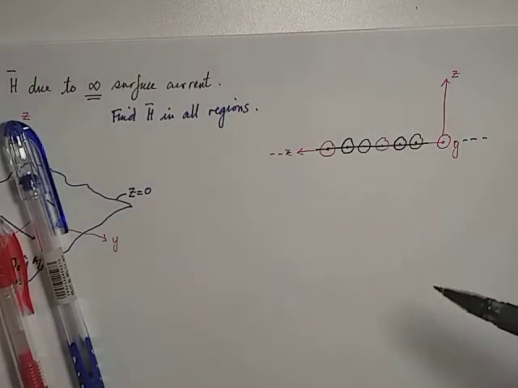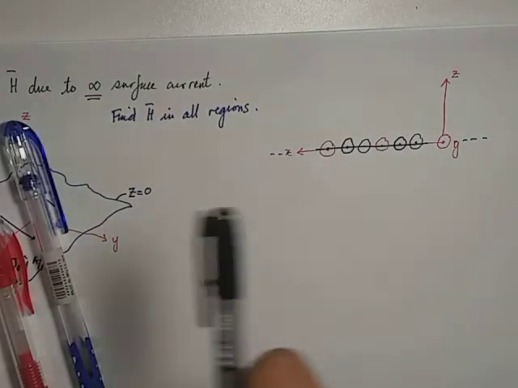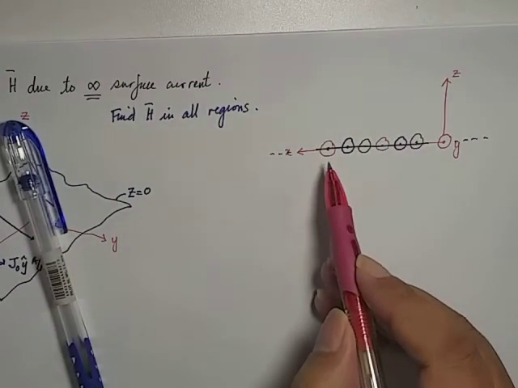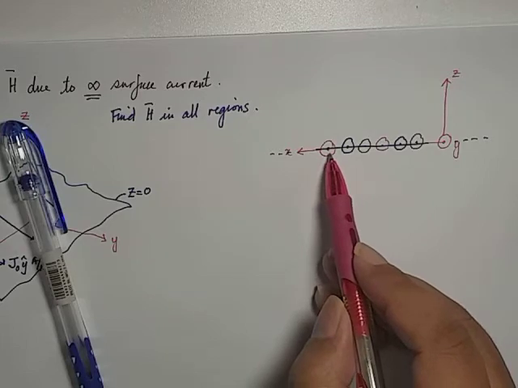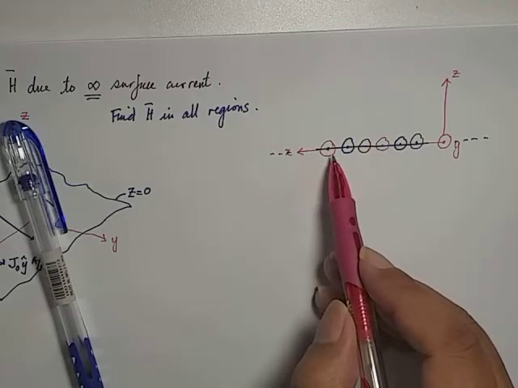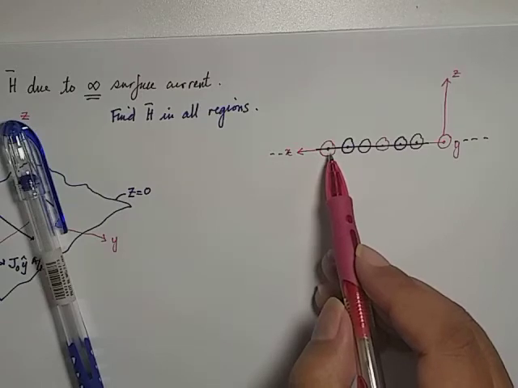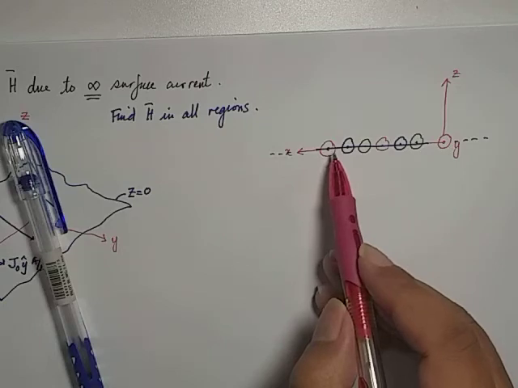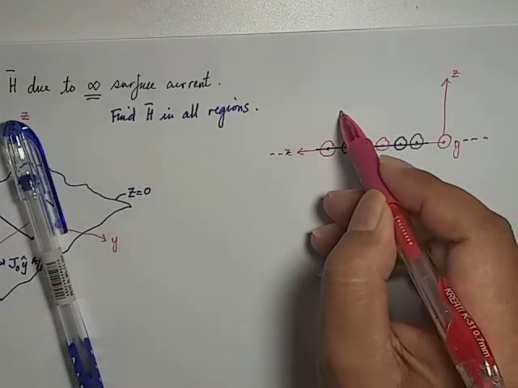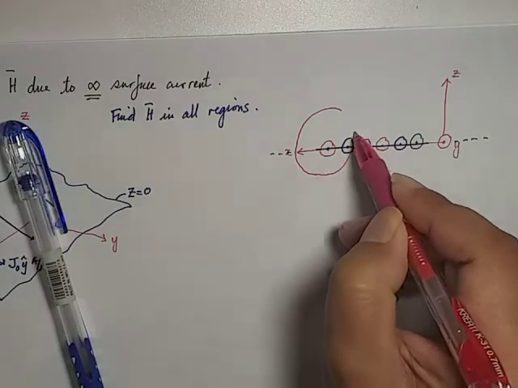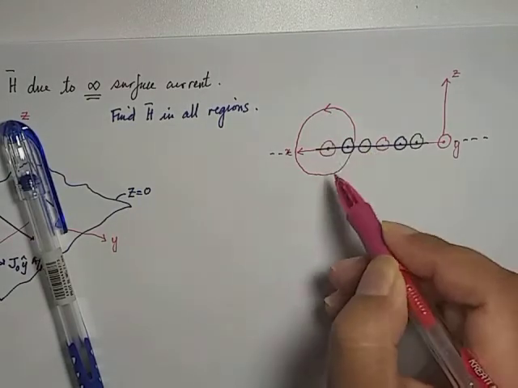So let's say we focus on one line current now. What should be the field generated by this particular line current? Okay, we have done this based on our example number 1. You have an infinite line current. What is going to be the field produced by that line current? Good. It's going to be a circle, and that circle is centered at that particular current. So the direction of the field is shown here.